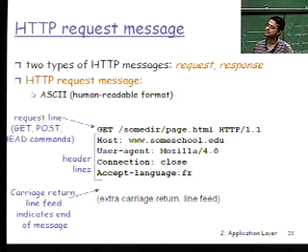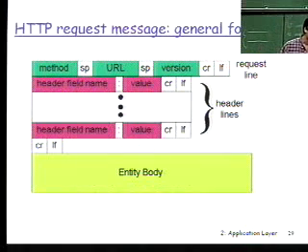So different kinds of request commands are get, post or head. And the general format is this. You have the request line where you have the method, which is get, post, head, followed by the URL, followed by the version of HTTP.